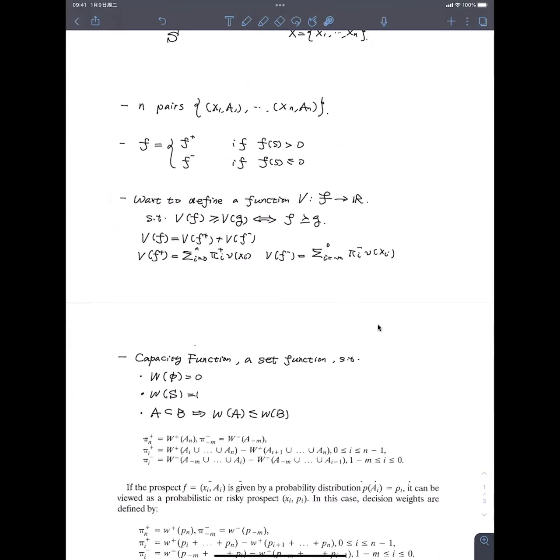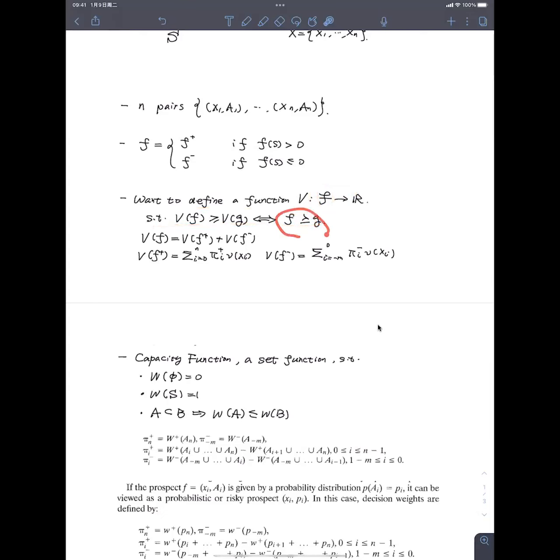The final goal is, remember, we want to create a value function V from all possible lotteries to a real number, which measures the exact order of which lottery is preferred.